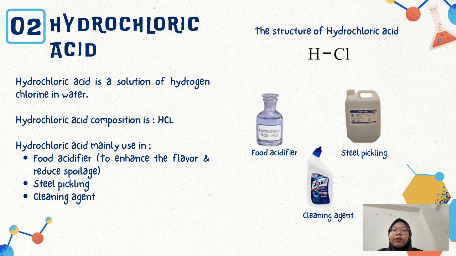Next is hydrochloric acid. Hydrochloric acid is a solution of hydrogen chloride in water. Hydrochloric acid composition is HCl, mainly used as a food acidifier to enhance the flavor and reduce spoilage, also for steel pickling, and lastly as a cleaning agent.